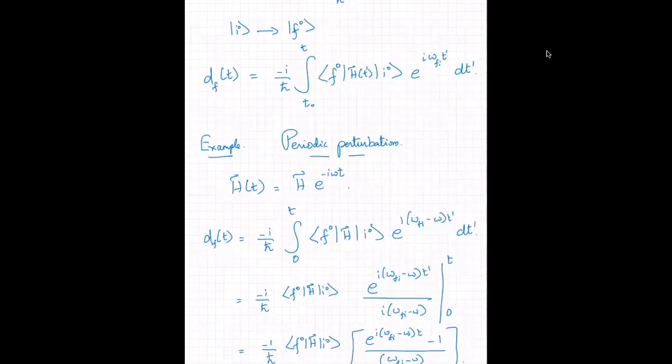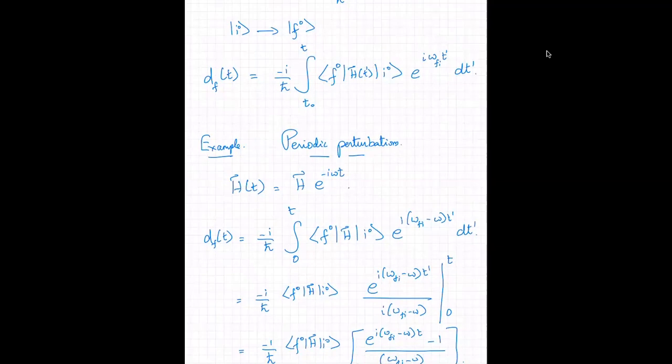Okay, so to evaluate the transition amplitude, we set up the perturbation expansion and then directly calculated the coefficients d of t, and we found that the coefficients can be expressed as the matrix element of the perturbation h tilde of t prime between the final and initial states times an exponential factor e to the i omega fi, where omega fi is related to the energy difference between the final and the initial states.